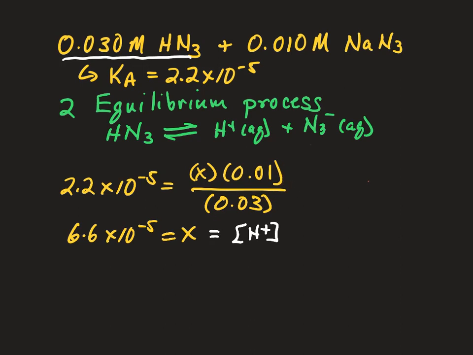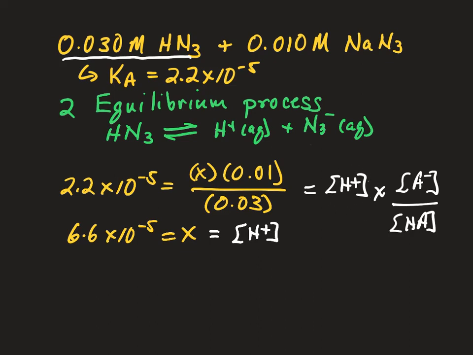So really what this equation came down to was that our Ka was equal to our concentration of hydrogen ions times the concentration of the basic form of our acid divided by the concentration of the acidic form. If we knew those two, this ratio was what was important in determining the hydrogen ion concentration.